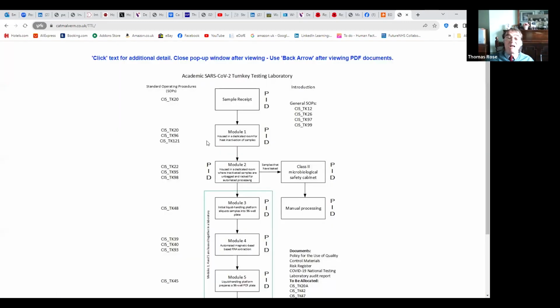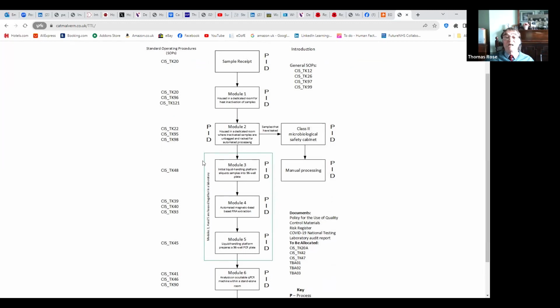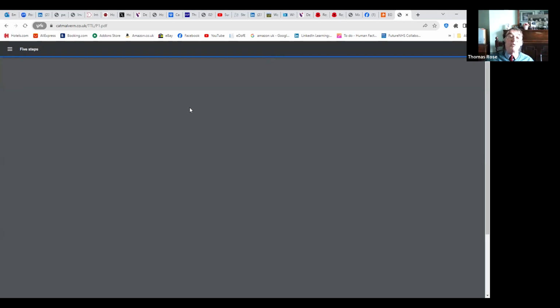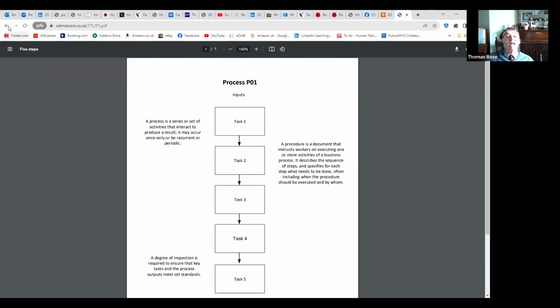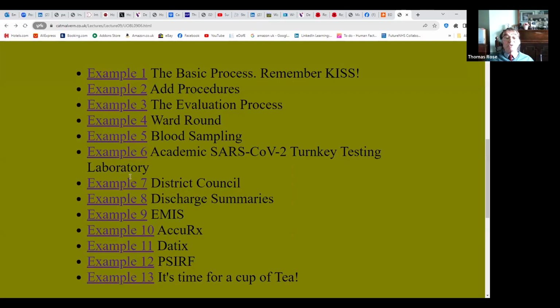This is a whole series of processes for sample testing during the COVID pandemic. And each of these has got a process associated with it. And it's a simple process there. It's not drawn up. These are just examples.